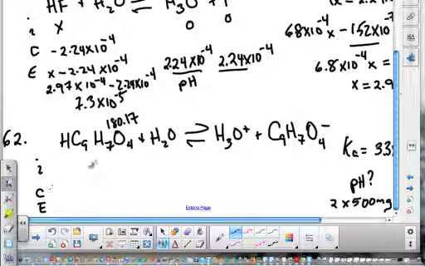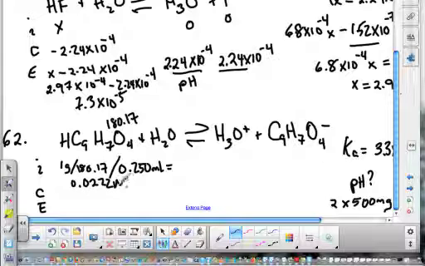So 1 gram divided by 180.17, and then all of that is divided by the volume. That is equal to 0.0222 molarity, the initial concentration of my aspirin.